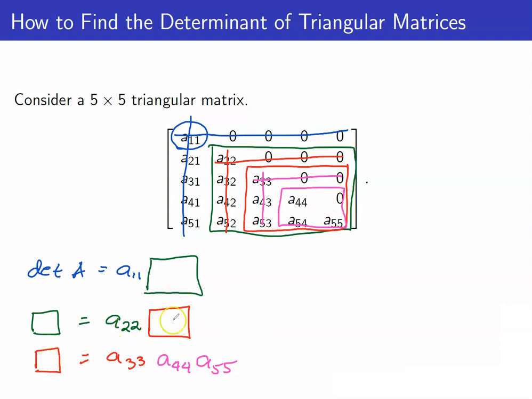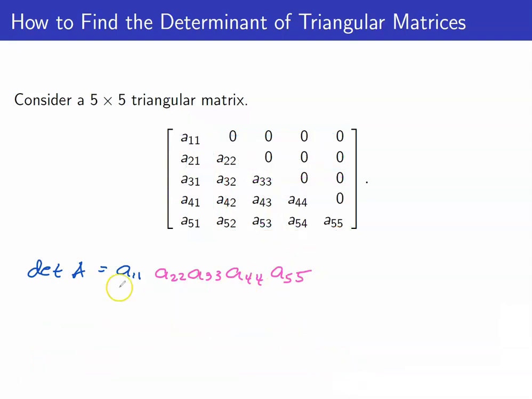So here, the green square is A33, A44, A55. So this is A22, A33, A44, A55. So what is this? The determinant of A is just equal to the product of A11, A22, A33, A44, A55. It's just the product of its diagonal entries.